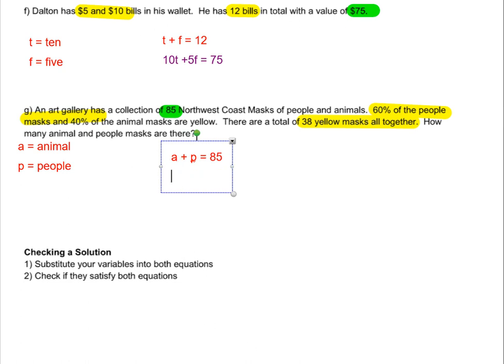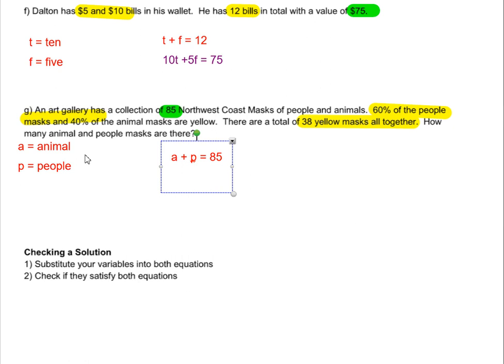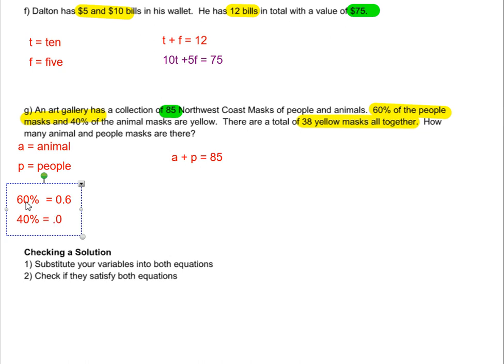When we're dealing with percentages, we want to change them into decimals, so 60% is equal to 0.6, we just divided it by 100, and 40% is equal to 0.4.